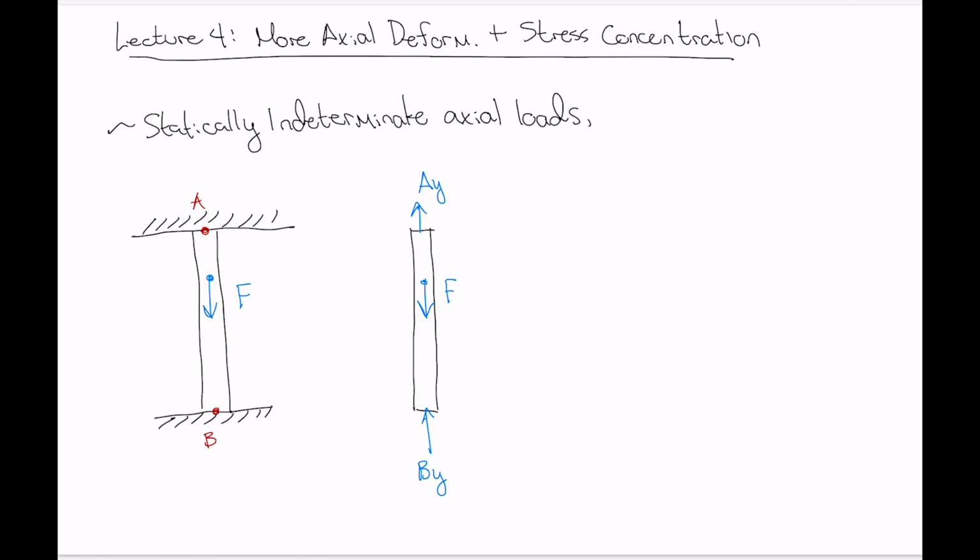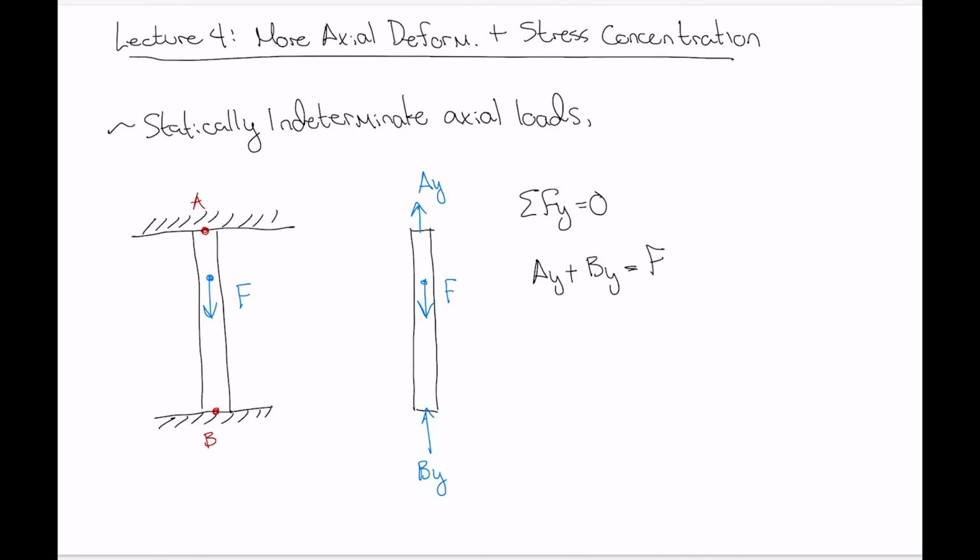And this is ignoring body forces, the weight of the object itself. So the sum of the forces in the y direction has to be equal to 0, so that gives us AY plus BY is equal to F.